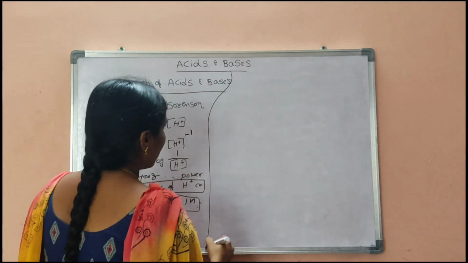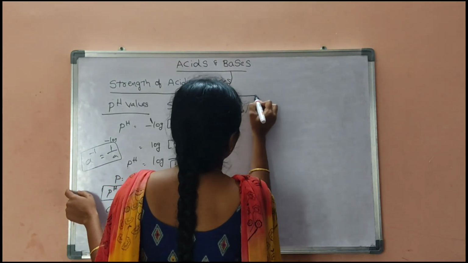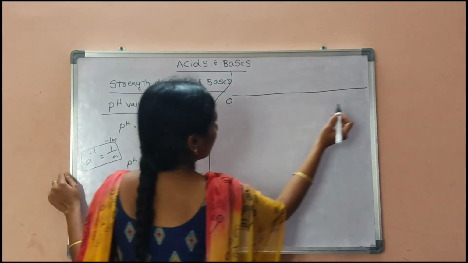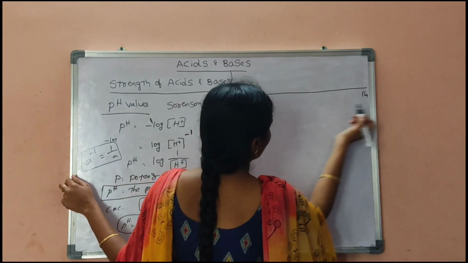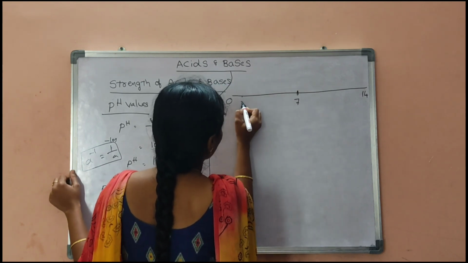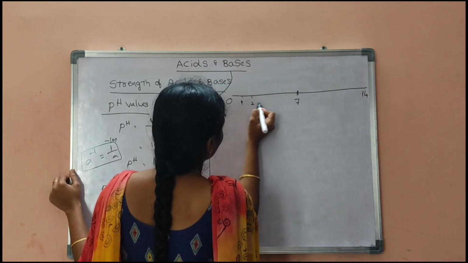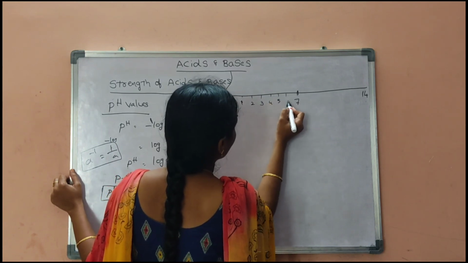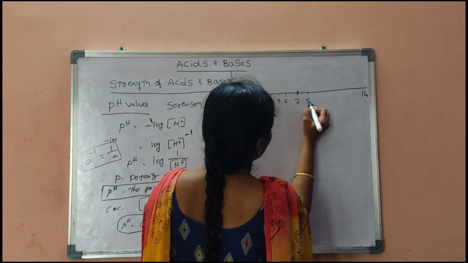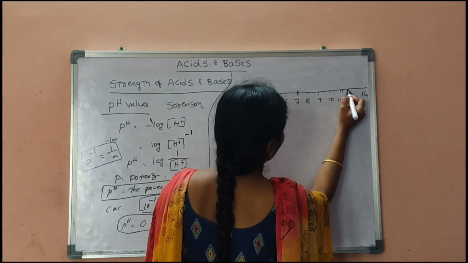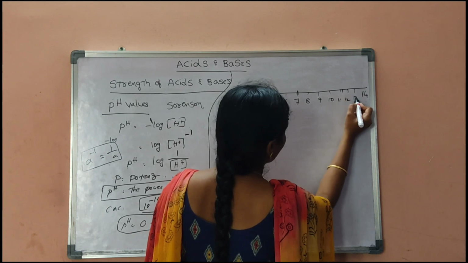You can see the pH scale. 0 to 14. In the middle, 7. Then 3, 4, 5, 6, 8, 9, 10, 11, 12, 13.